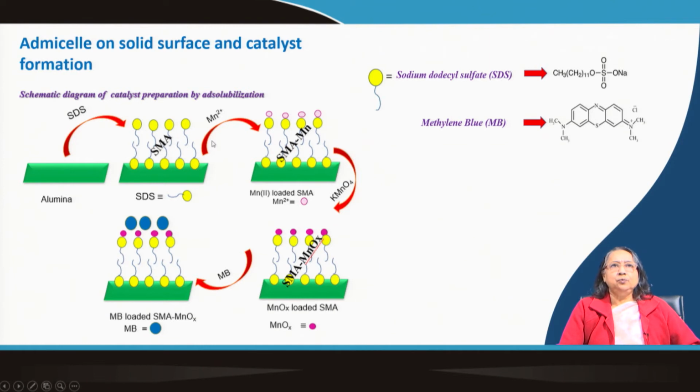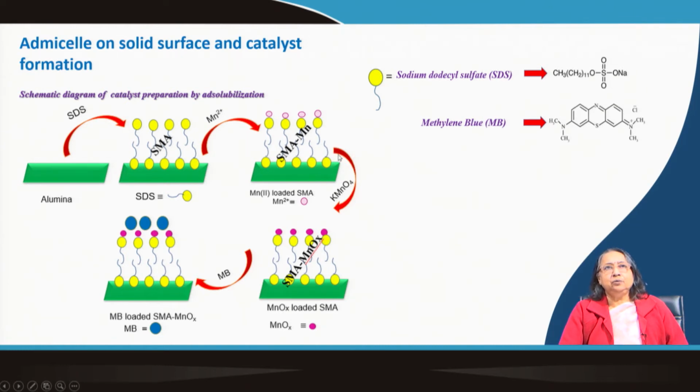Now, if you put manganese 2 plus here, this is a cation, right. So, the cation will be adsorbed on the negative head group. Okay. And so this is the manganese 2 loaded SMA. So, you have loaded manganese 2 on SMA. Okay.